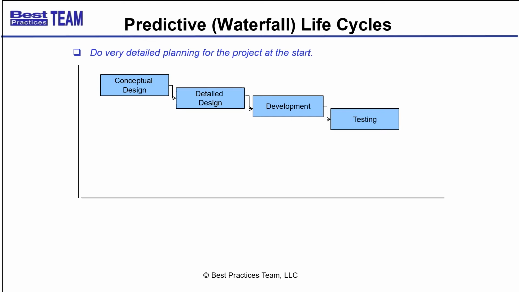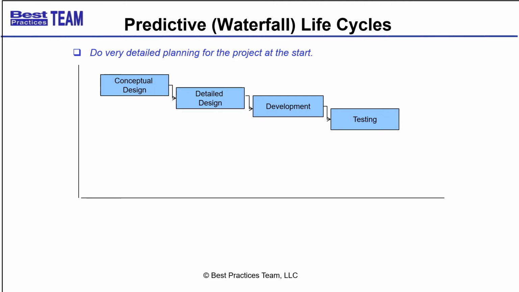And back in the day, several decades ago, this is how we did things. We approached things in a waterfall type fashion. And I should know this well because this is what I did to support the family back in the late 70s as a systems analyst designing database applications and such. So we might go through a conceptual design phase where we're going out and getting all the user requirements and building a functional specification.